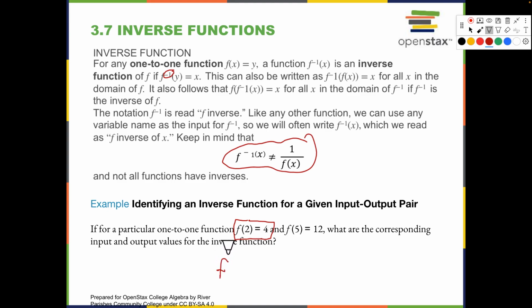So for this particular one, we know that the inverse function would take 4 as an input, and the output would be 2. And it would take also, since this other point is here, it would take 12 as an input, and the output would be 5. So that's the idea of an inverse function.